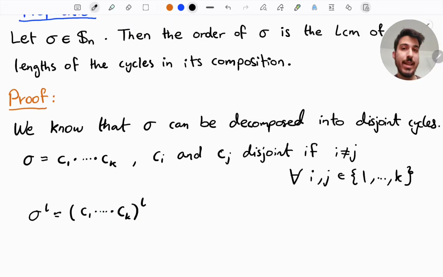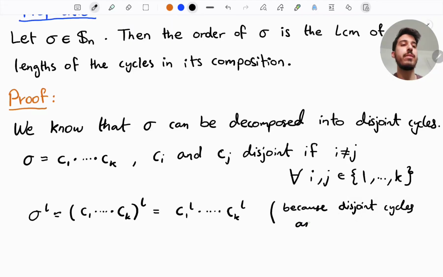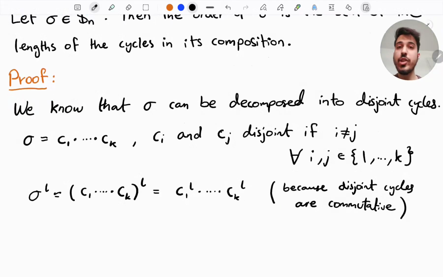But because C1 to Ck are disjoint cycles, we know that disjoint cycles are commutative. And a nice property about commutativity is that we can distribute the exponent on all the individual components. So we have C1^L all the way to Ck^L. Note that each m-cycle, a cycle of length m, has order m, as previously discussed in lesson 5.